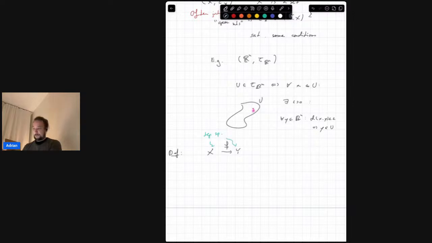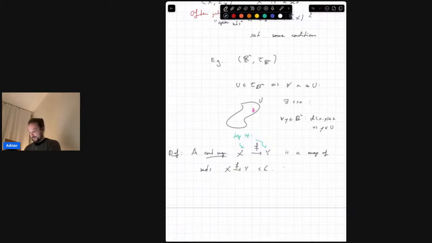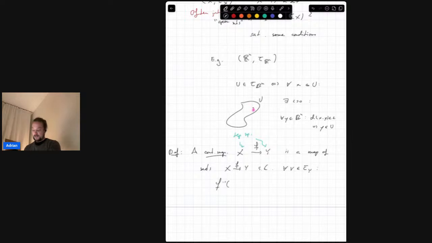Then a continuous map is, well, I'm already regretting my decision to be a bit sloppy, but I'll keep on. So a continuous map is a map of sets, which I will again just denote X to Y, such that for all V in tau Y, so for every open set, we have that the inverse image is in tau X.